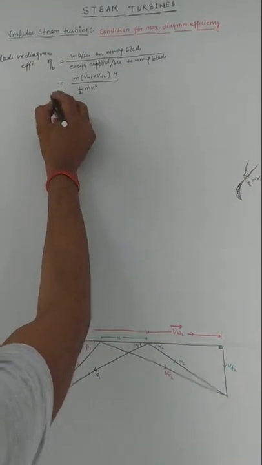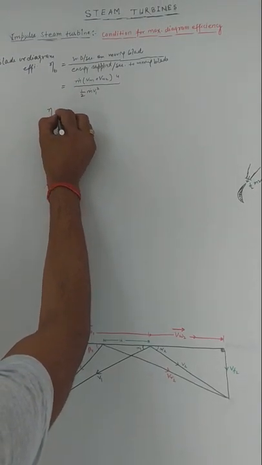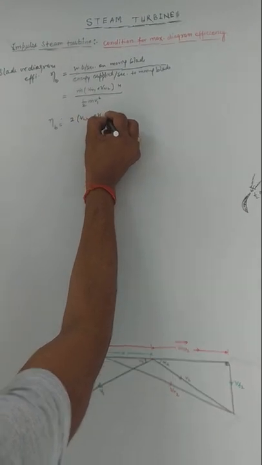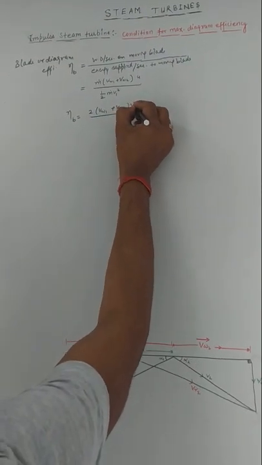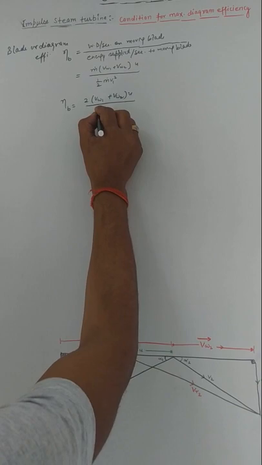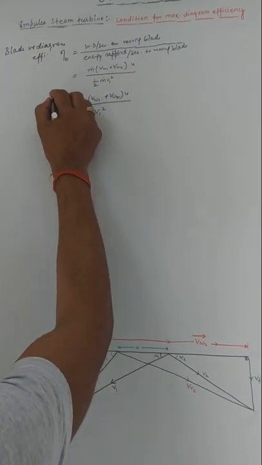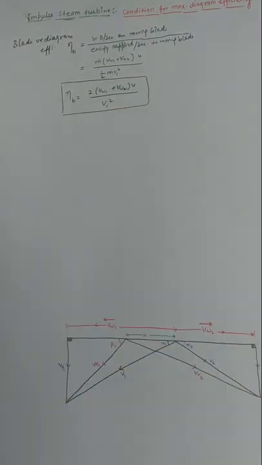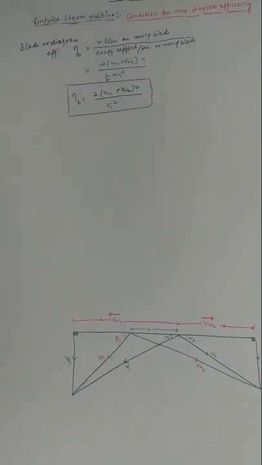You can write η_b is equal to 2 times (Vw1 + Vw2) times u divided by V1 square. This is the blade or diagram efficiency of the impulse steam turbine.